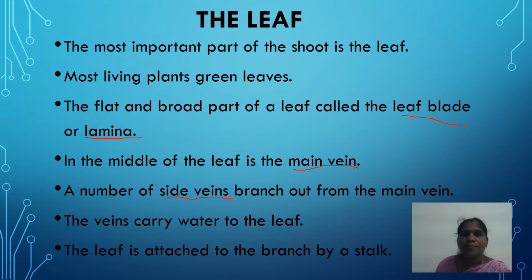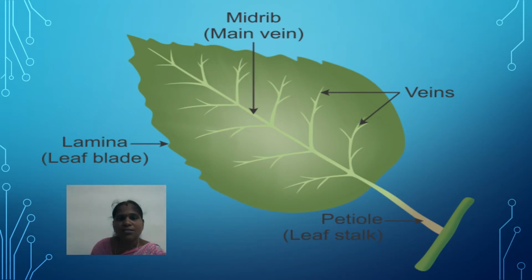Let's see the picture. This is a picture of a leaf. What parts are there? Observe, this is the leaf stalk. I said a small stem-like part is present. So this is the leaf stalk or petiole. This is the main vein, the middle vein.